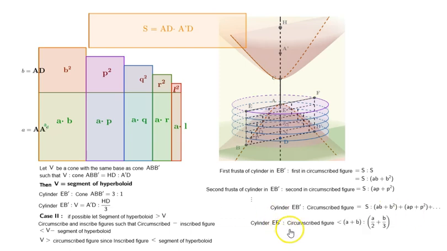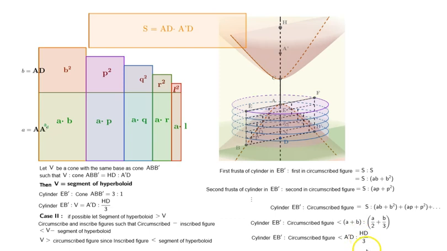So cylinder EB prime is to circumscribed figure is less than A plus B is to A by 2 plus B by 3. This is from proposition 2 of On Conoids and Spheroids. Again, here A plus B is A prime D and A by 2 plus B by 3 is equal to HD by 3, based on proposition 2.